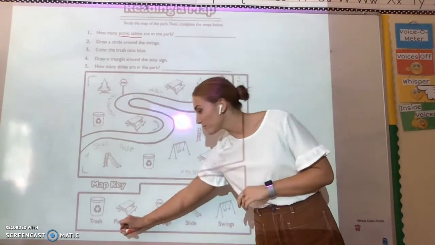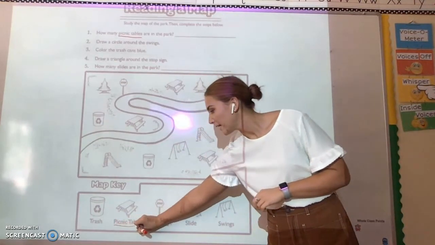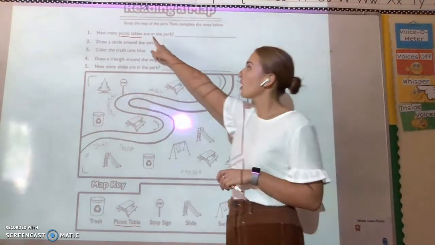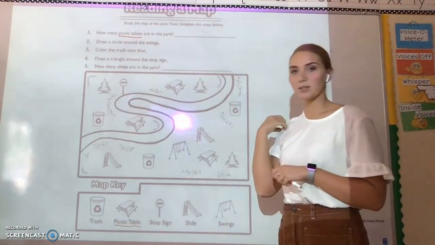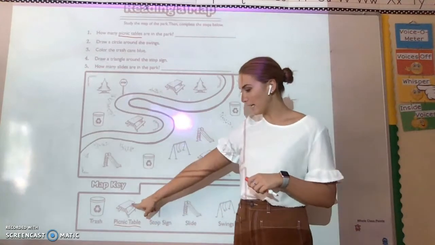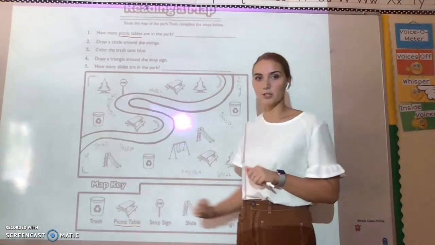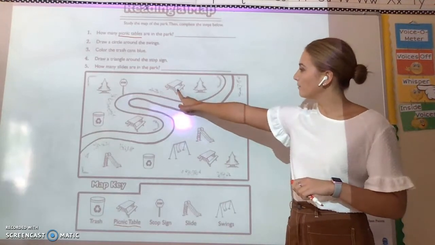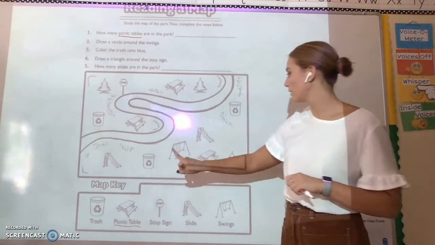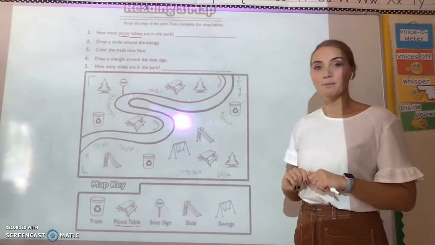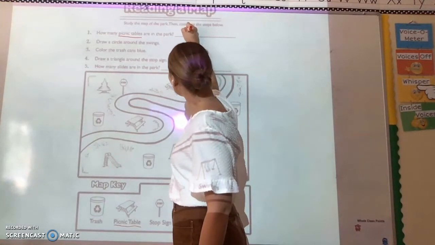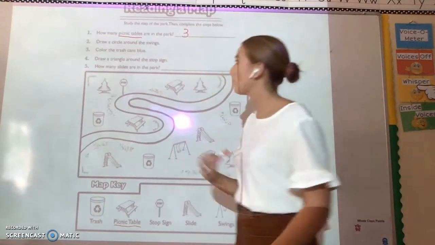This picture right here says picnic table. So, how many picnic tables are there? How many of these pictures do we see? Count them with me. 1, 2, 3. There are 3 picnic tables in the park.